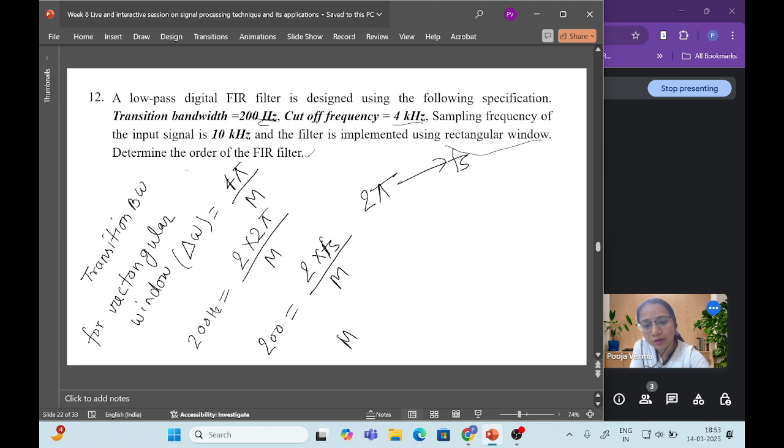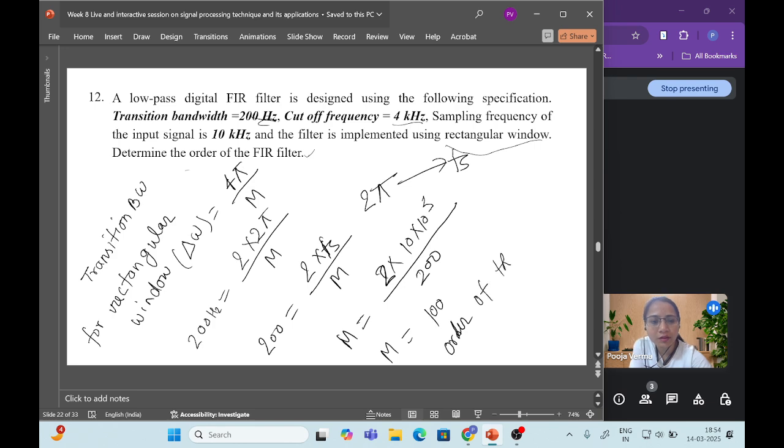So M is equal to 2 into 10 into 10 to the power 3 divided by 200. If you solve it, the 2 cancels out, leaving 100. So the order of the FIR filter, M, is equal to 100.